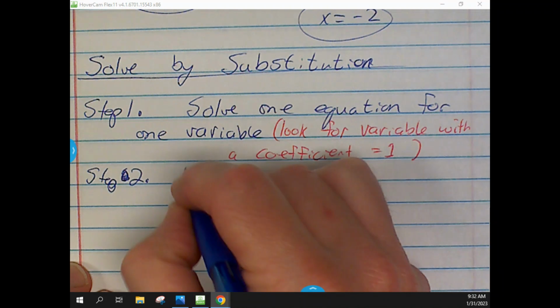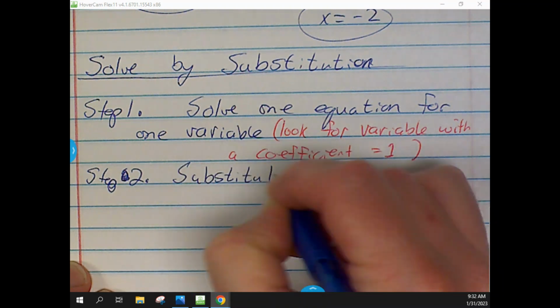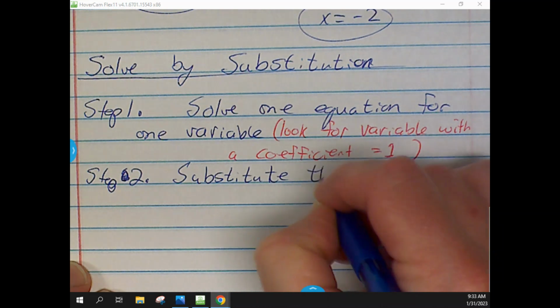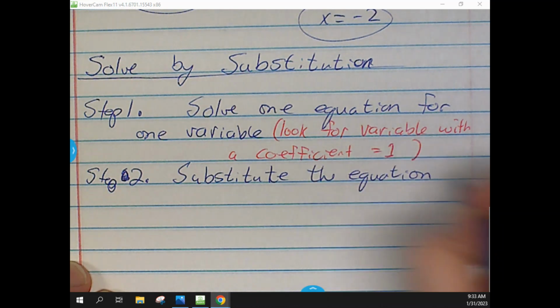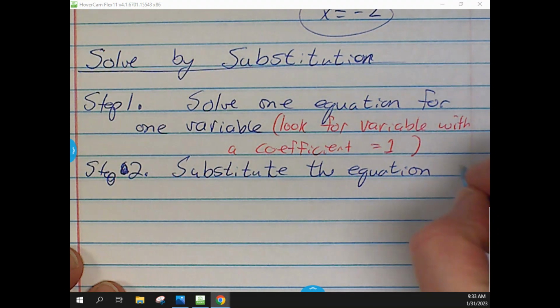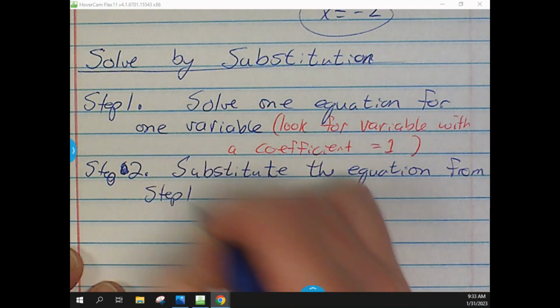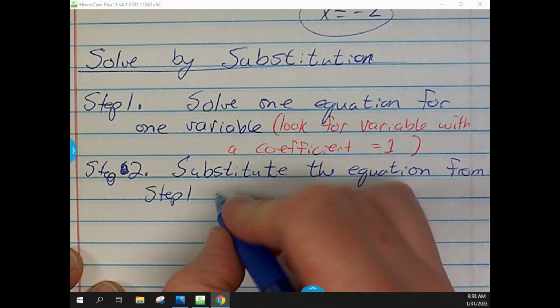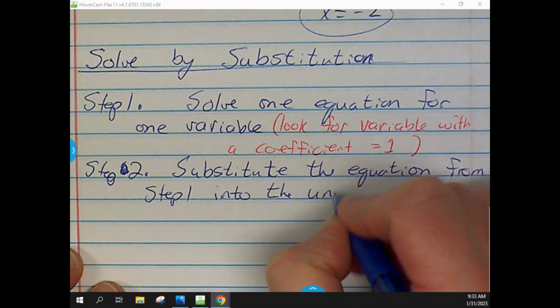You're going to substitute the equation from step one, and I guess the easiest way to say this is we're going to substitute that into the unused equation.